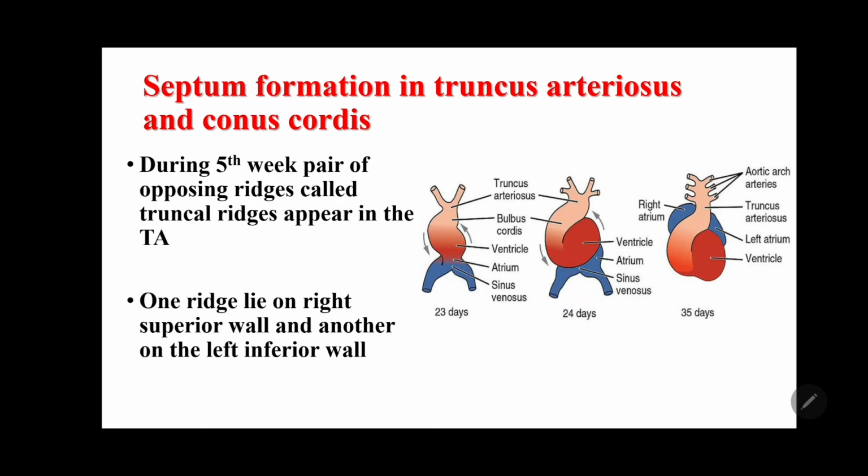One ridge lies on the right superior wall and another on the left inferior wall. So you can see here how these truncal ridges are formed. One will be formed here and one will be formed here. One on the right superior part of the wall of the truncus arteriosus and one on the left inferior part of the wall of the truncus arteriosus.